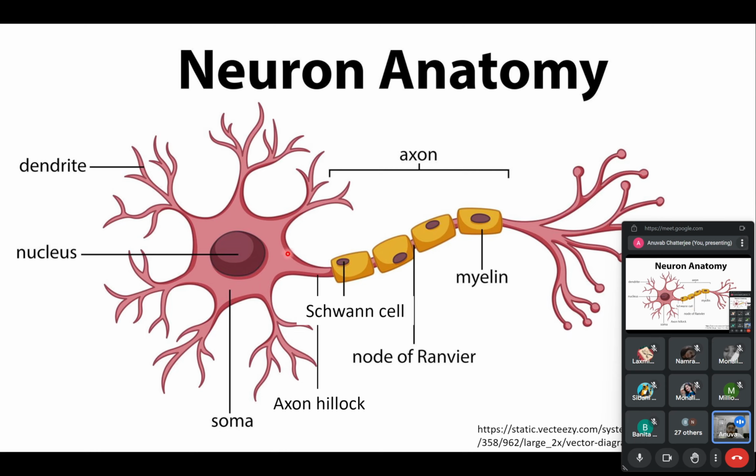Further, the entire axon of the neuron is covered in another layer of cells. These cells are known as Schwann cells, and a lot of them come together to form what is known as the myelin sheath present on the neurons.